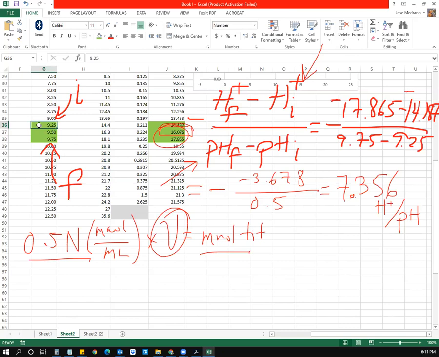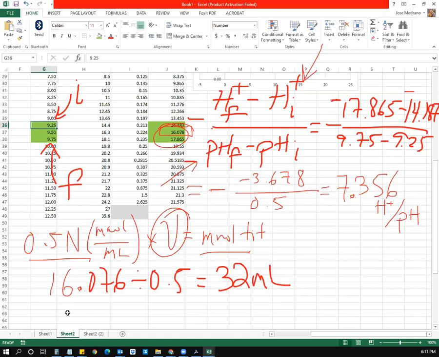If you already have the volumes for this pH point, you can just refer to that in your data set. But I'm just going to show you how to do this backwards. The millimoles of the titrant, 16.076 divided by 0.5, is equal to approximately 32 milliliters. And that should agree with the data that I had before.